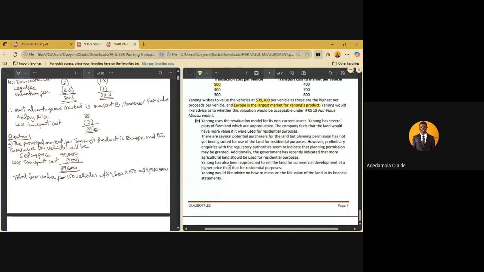And also, some people have approached them to sell the land for commercial development at a price higher than that of residential. Now, do they have the legal permissibility to use that land for commercial purpose? No, they did not tell us anything about that.